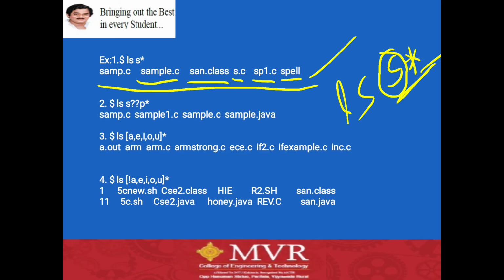So we have displayed all the files having s as the starting letter. The remaining things we won't bother with, because we used star, which is nothing but 0 to any number.